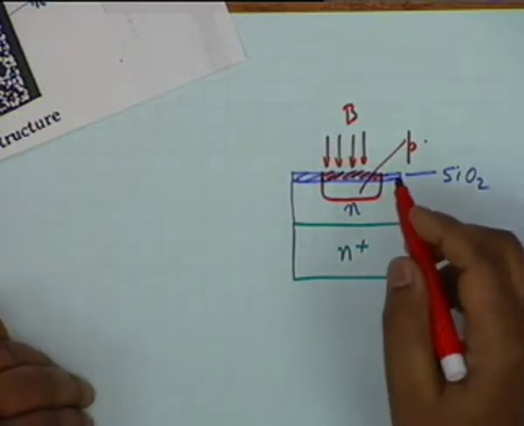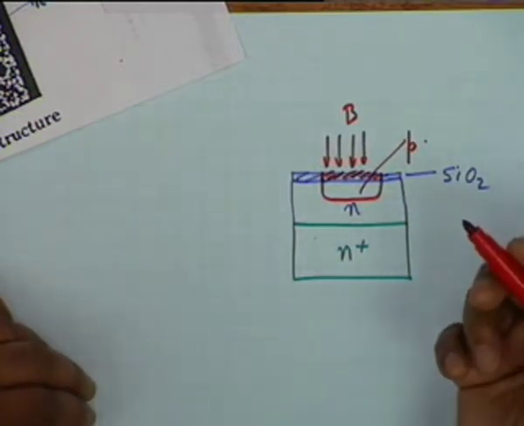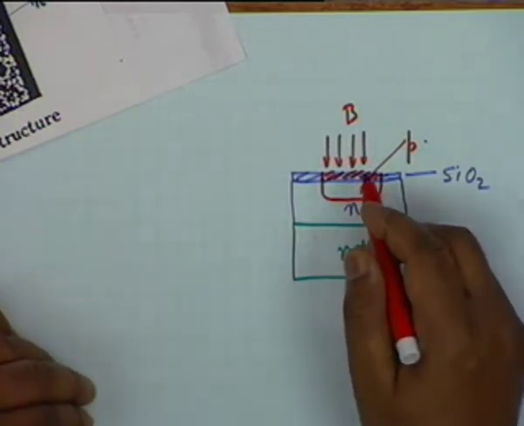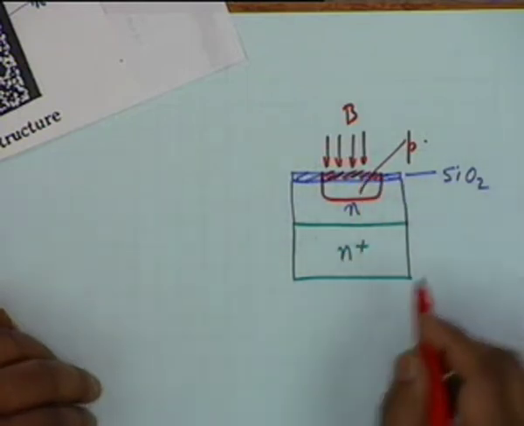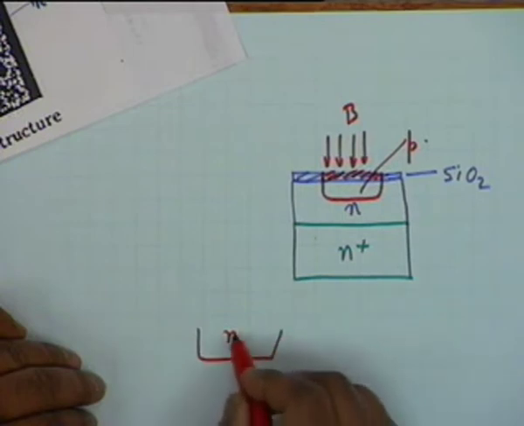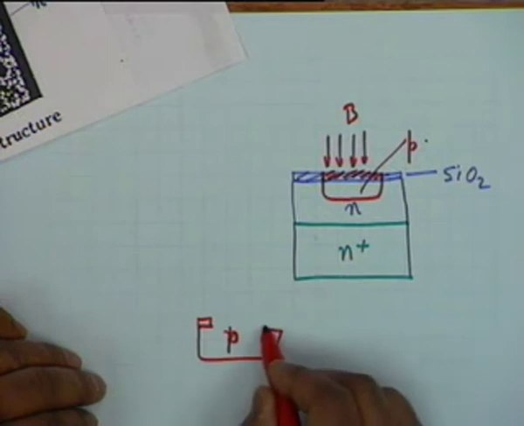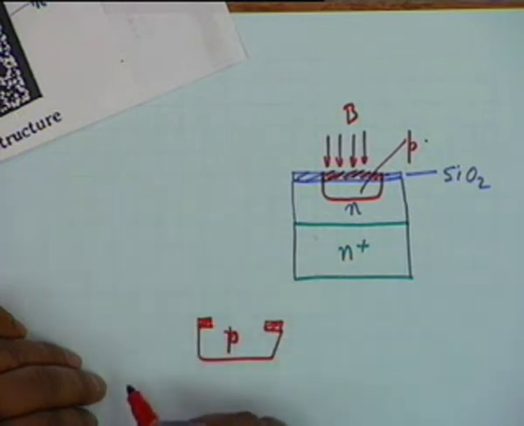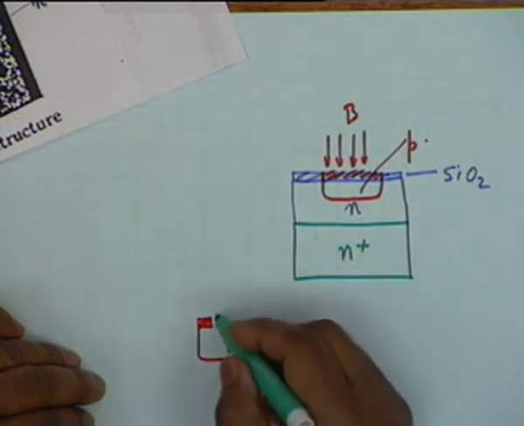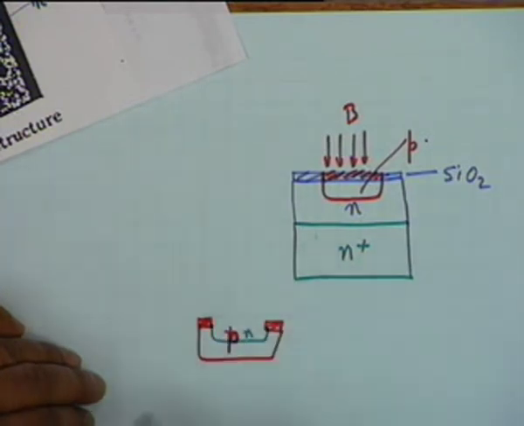Then you oxidize again and then make another window. All right. So what we have is, on P, you have grown silicon dioxide and you have removed a part. Then you pass a phosphorus gas, for example, so that you make another N region.